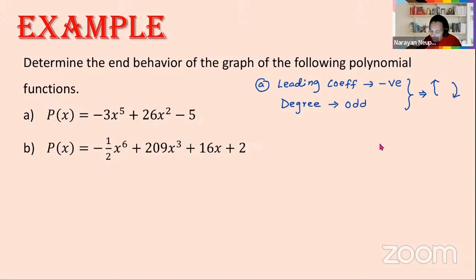Sometimes in your textbook, it may be written like this: the limit as x approaches negative infinity, that is towards the left end, of this function p of x goes all the way up to positive infinity.